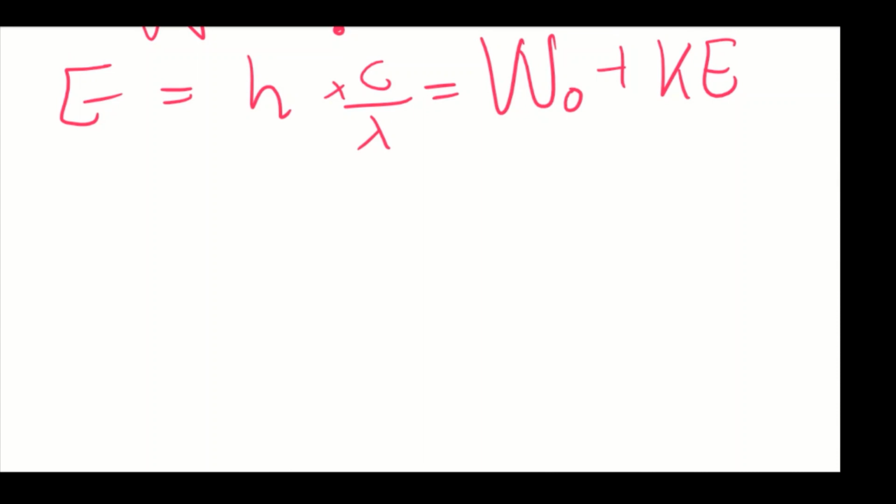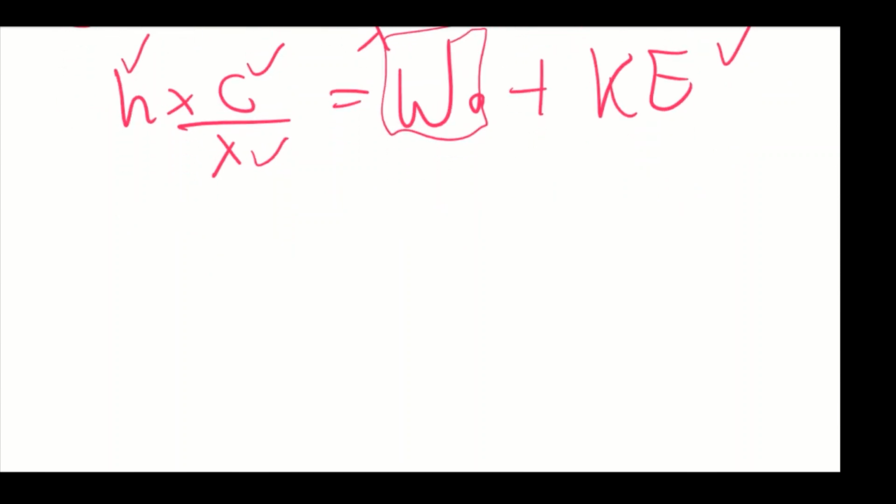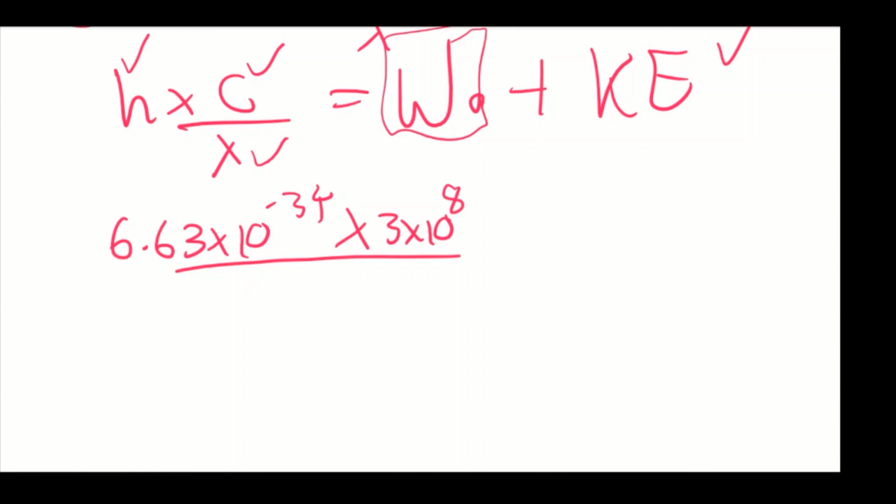Then you can simply say, okay, fine, you have h times c over lambda equals work plus kinetic energy. We already know kinetic energy, Planck's constant, the speed of light, and the wavelength, so we can simply find this, right? So Planck's constant is 6.63 times 10 to the power of minus 34, multiplied by the speed of light, which is 3 times 10 to the power of 8, and then we divide by the wavelength, which is 280.